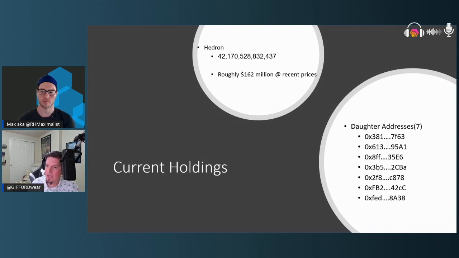Without going down that whole rabbit hole, I would like to point out that as I was going through and looking at the entries and exits of the LP positions that these daughter addresses did, all but one, I should say, have been masterfully done. I've never seen liquidity providing done at that level before.